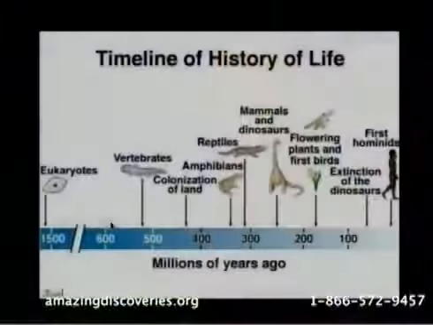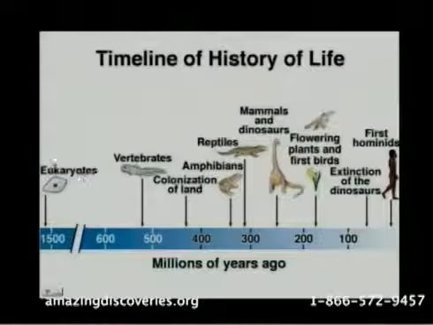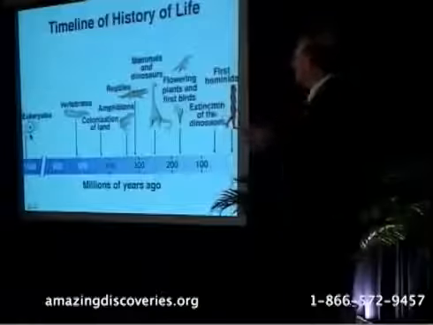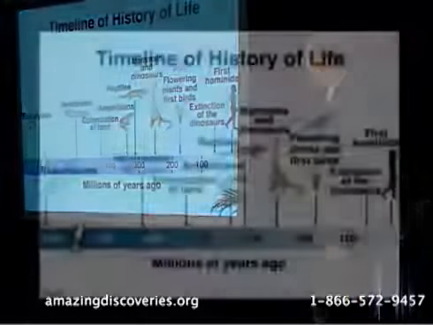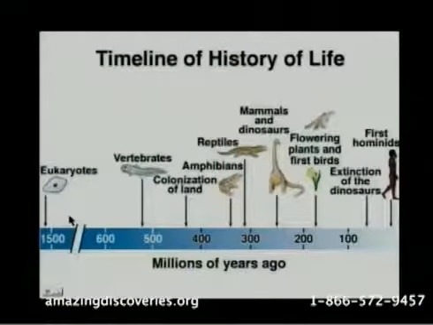Basically, the theory goes that the eukaryotes, that's the unicellular organisms, from the simpler ones to the ones that have a nucleus like we have, evolved over millions of years.